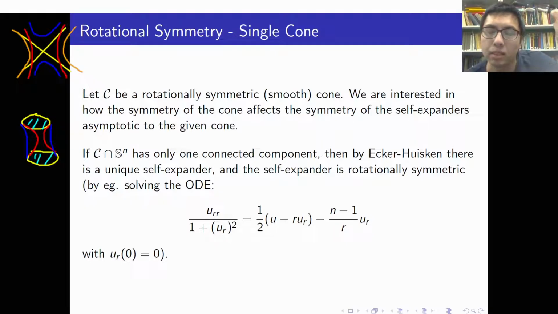You can use the existence theorem of ODEs, not uniqueness because you have a boundary value problem, to deduce that there is a rotationally symmetric solution, but because uniqueness holds, the unique self-expander has to be rotationally symmetric.